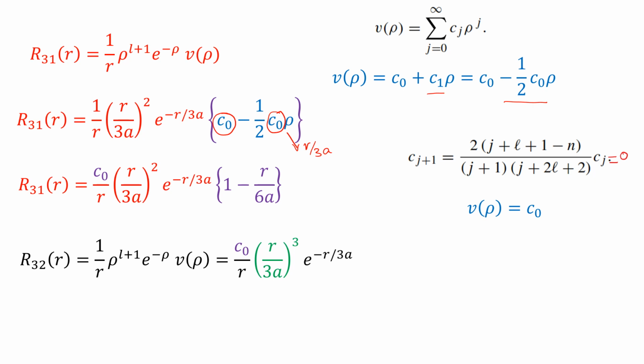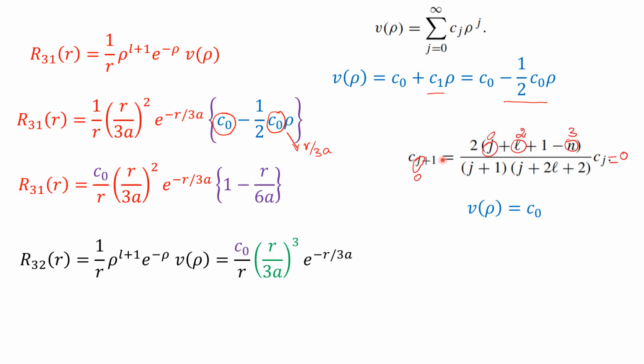You find the first coefficient, that is for j equal to 0, C1 we have to find. Here j equal to 0, and L is equal to 2, and n is equal to 3 in this case. So 2 plus 1 is 3, and 3 minus 3 is 0.